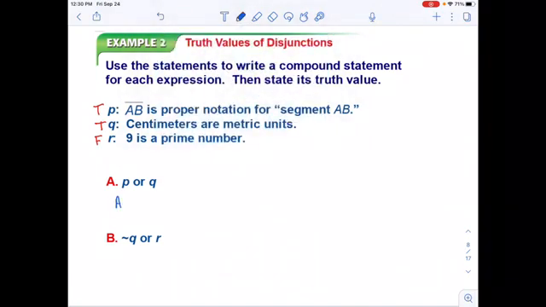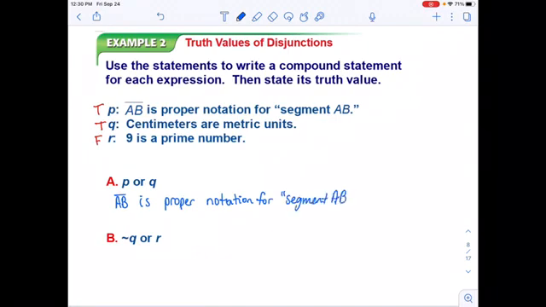So we have P, AB is proper notation for segment AB, or Q, centimeters are metric units.